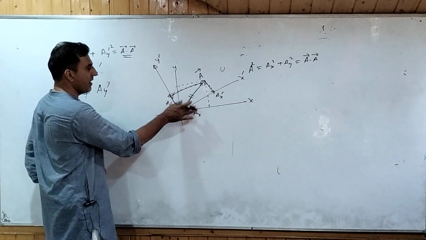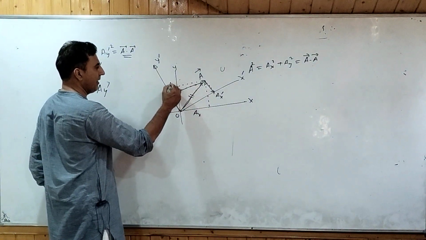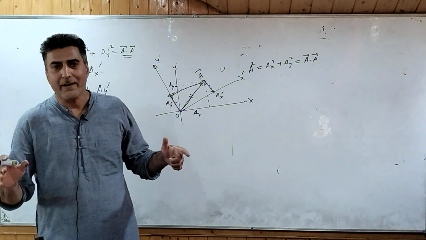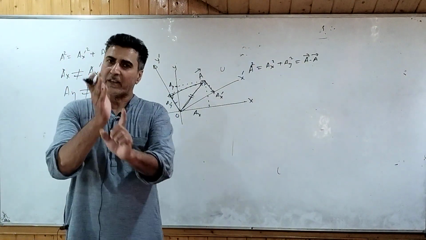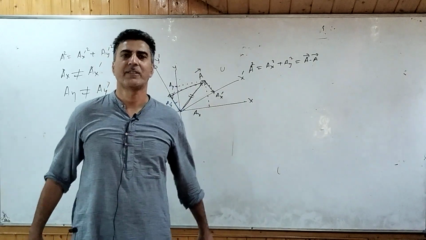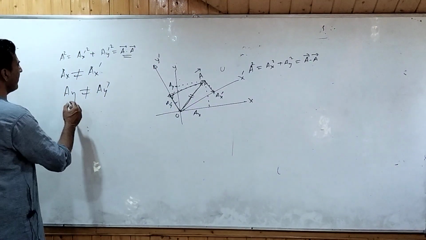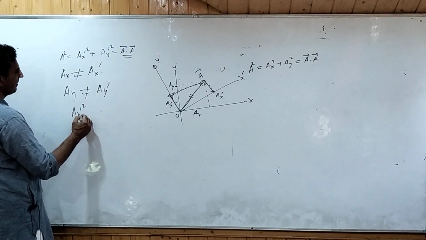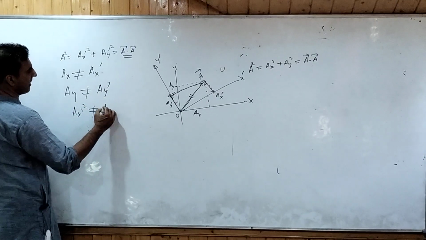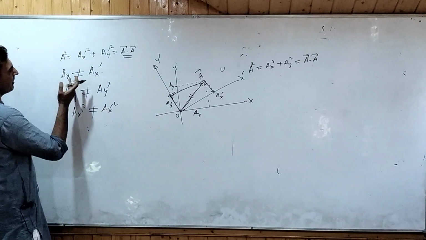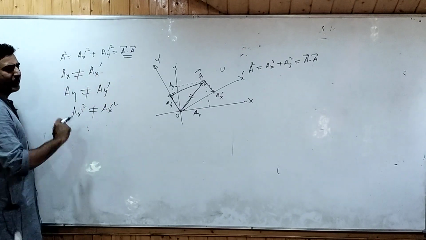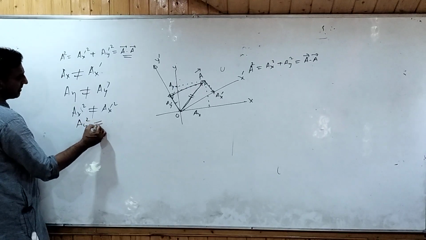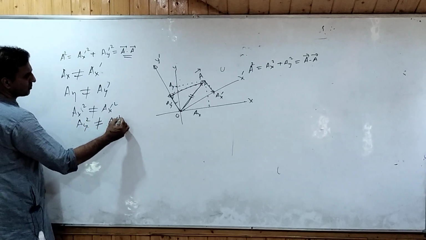So at least one thing is clear now: if you rotate a coordinate system, the components of a vector change. Even ax square is not equal to ax prime square. If they are not equal, how come their squares be equal? So ay square is not equal to ay prime square.